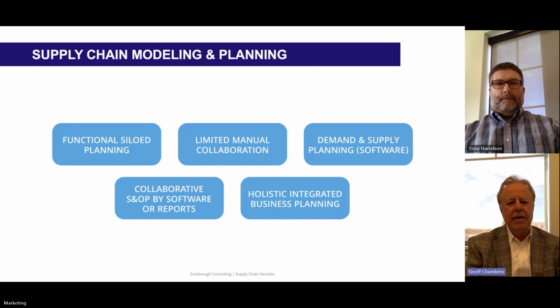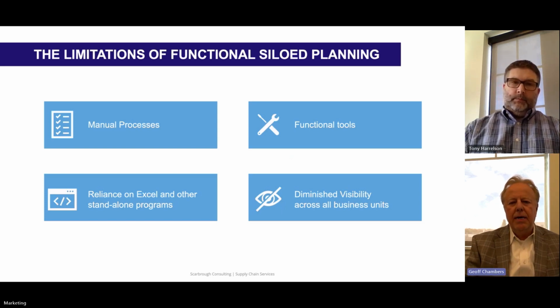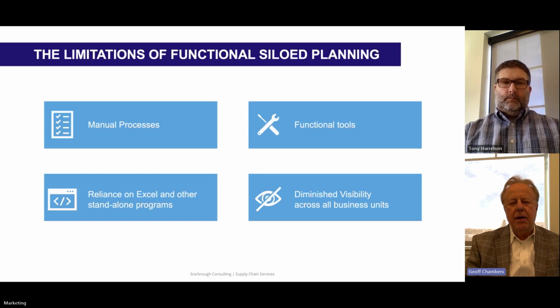So if we go into the next slide. In 1996, there was a program called SCOR. SCOR is Supply Chain Operations Reference. Now, while SCOR at the time made sense, essentially what it did is it took every function, every department within your company.